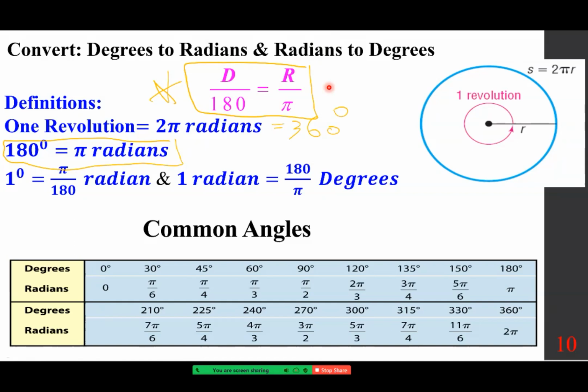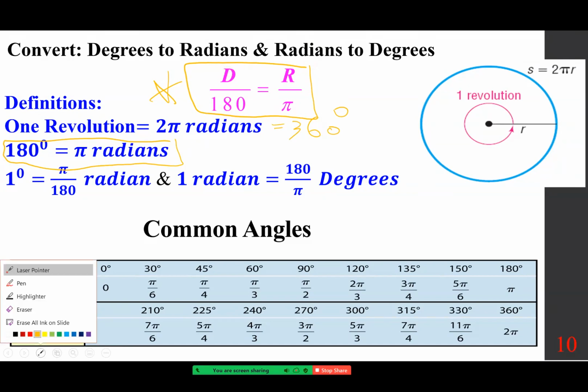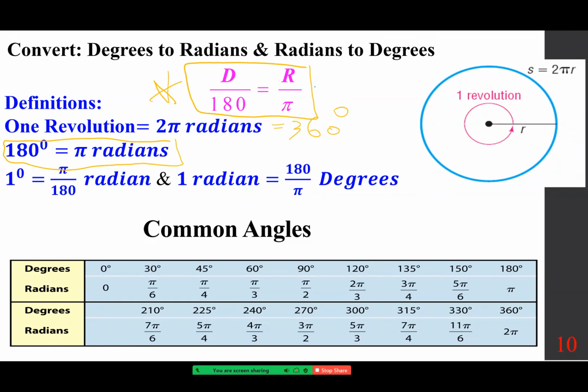You can also say R is pi over 180 times degrees. Okay, let me just write those just so you know. One might say, if I'm interested in finding R, it would be pi over 180 times D, times the amount of degrees.